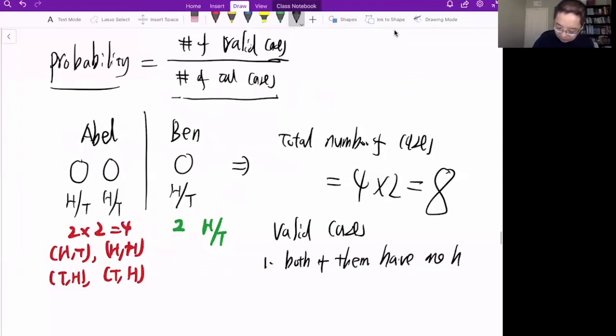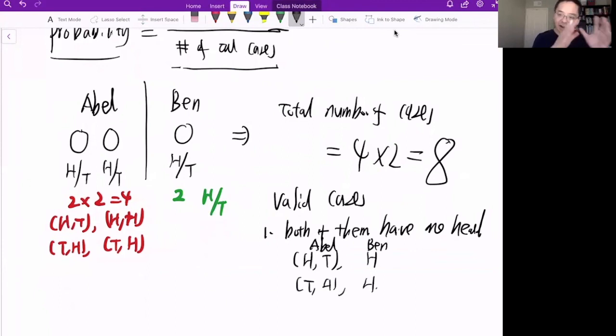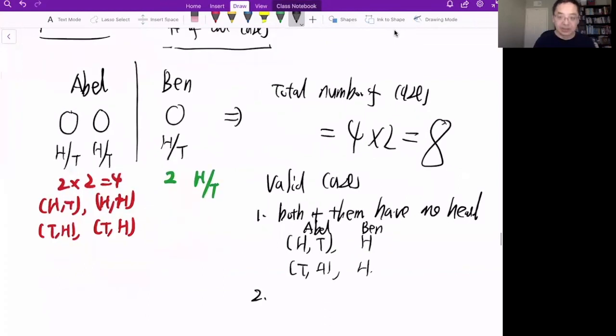For this we have head, tail for Abel and head for Ben, or tail, head for Abel and head for Ben. So Abel has 1 head and Ben also has 1 head. That's another case, because equal number of heads also includes the situation where both of them have 0 heads, which means they both get tail.